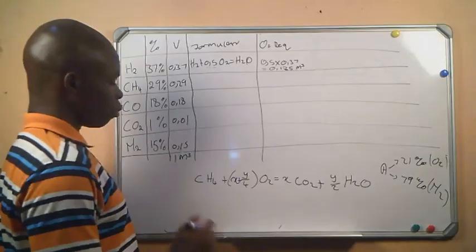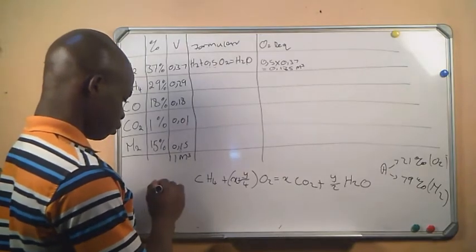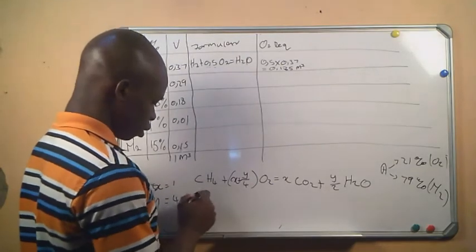We know that our x is 1, and our y is 4, and then we substitute these values.